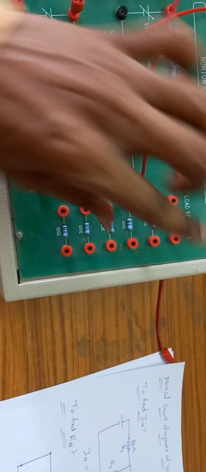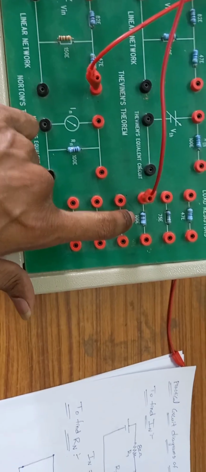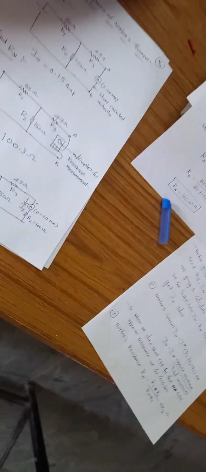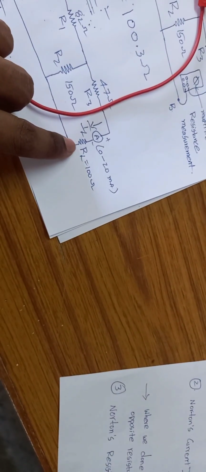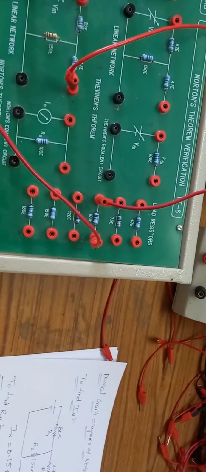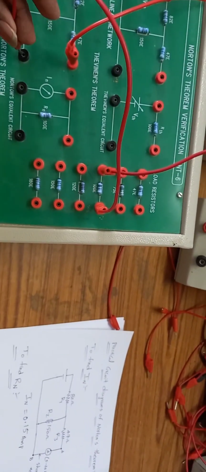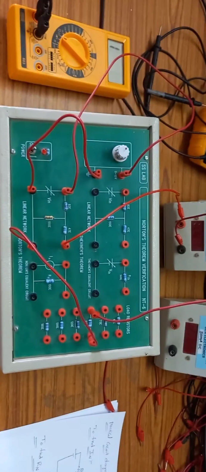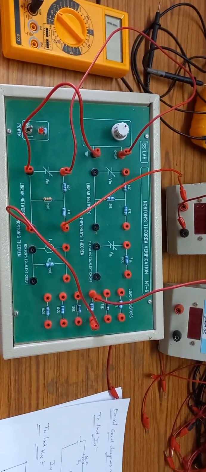We have taken load resistance 100 ohm now. Load resistance second terminal will be connected to the power supply, then the circuit is completely closed. Then I am going to turn on the power supply.